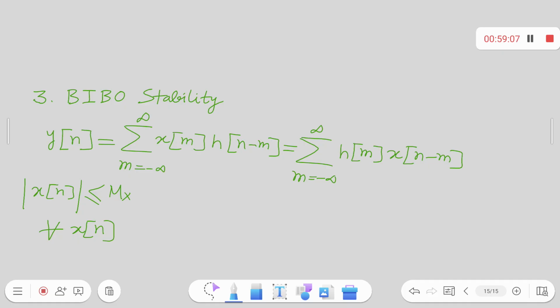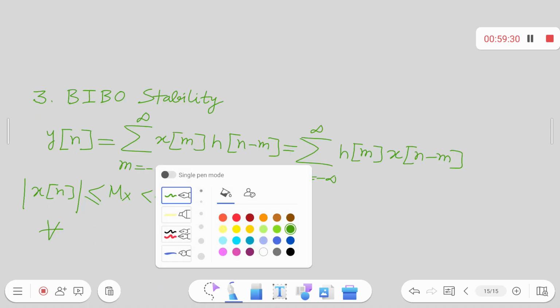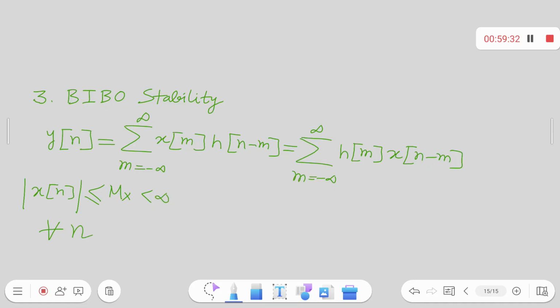Mod of x of n is always less than or equal to some mx, and obviously this mx is less than infinity. Whenever I am referring to a signal, it should be for all n. For all n, mod x of n should be less than or equal to mx. That means the signal is bounded, bounded input.